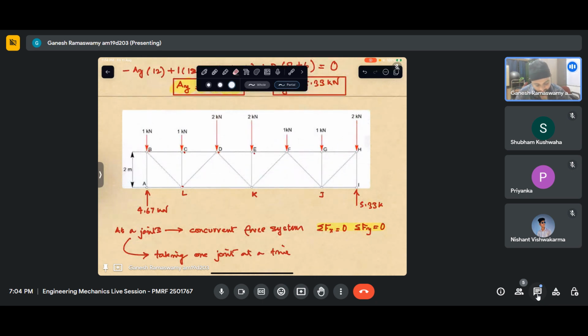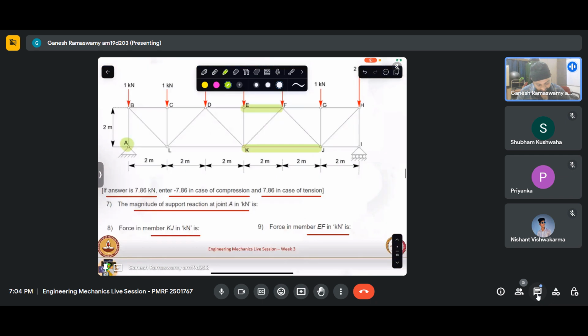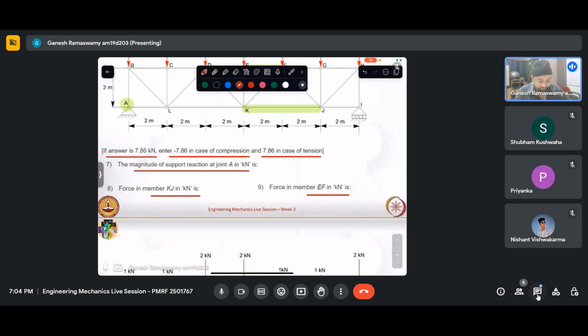Okay, so the first thing is we need to find the member forces in these two members. Now let us look at the first question: the magnitude of the support reaction at joint A. At joint A, we saw it had AX and AY.